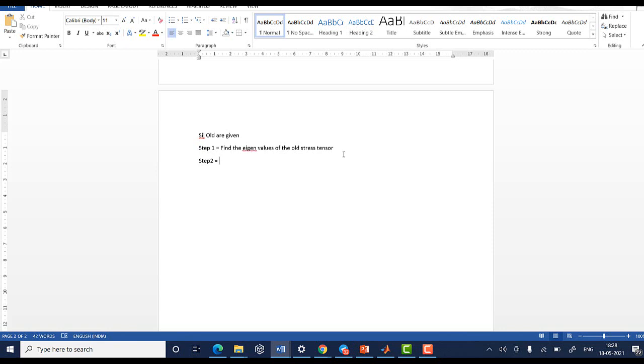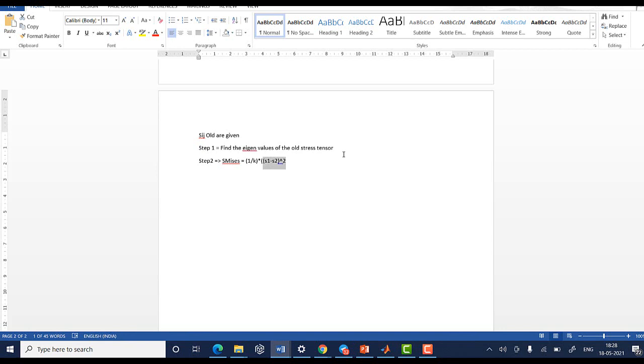And then step 2 will be to find the value of the Mises. So instead of this I write S Mises is equal to some constant, 1 by root 2, and then S1 minus S2, in brackets, whole squared, and then again let's simply copy.